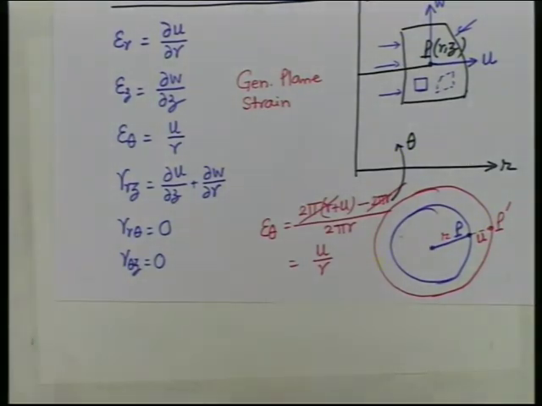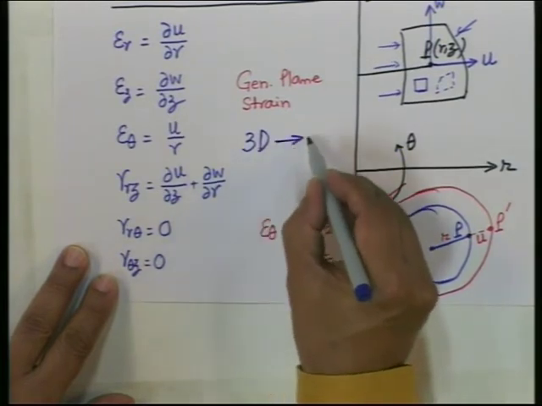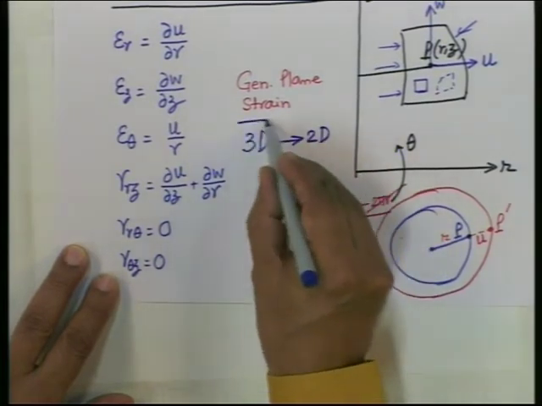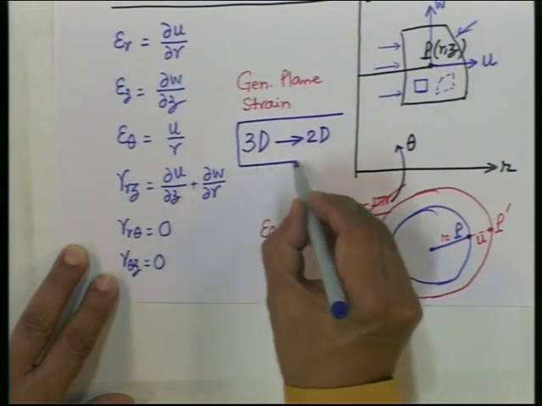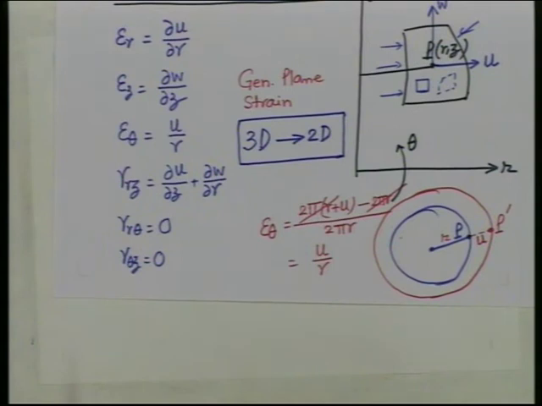So, there are three types of 2D problems, and here again the 3-dimensional problem gets reduced to a 2-dimensional problem. Okay, so this is fine.